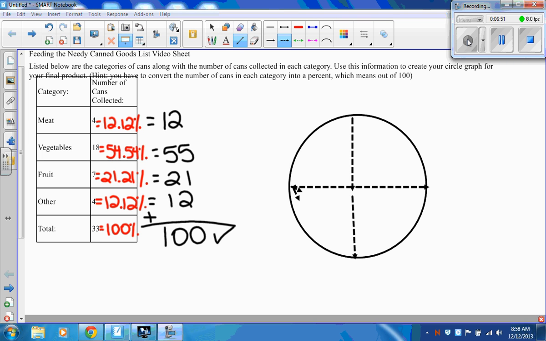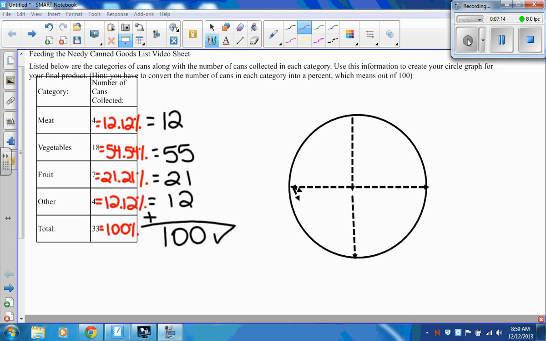Okay. All right, so when creating the circle graph, we're going to estimate on the circle because we're not going to pull out and get exact here with tools to measure angles and all of that good stuff that you'll learn in 8th grade. But what you do know is that we can bust up this circle into fourths.